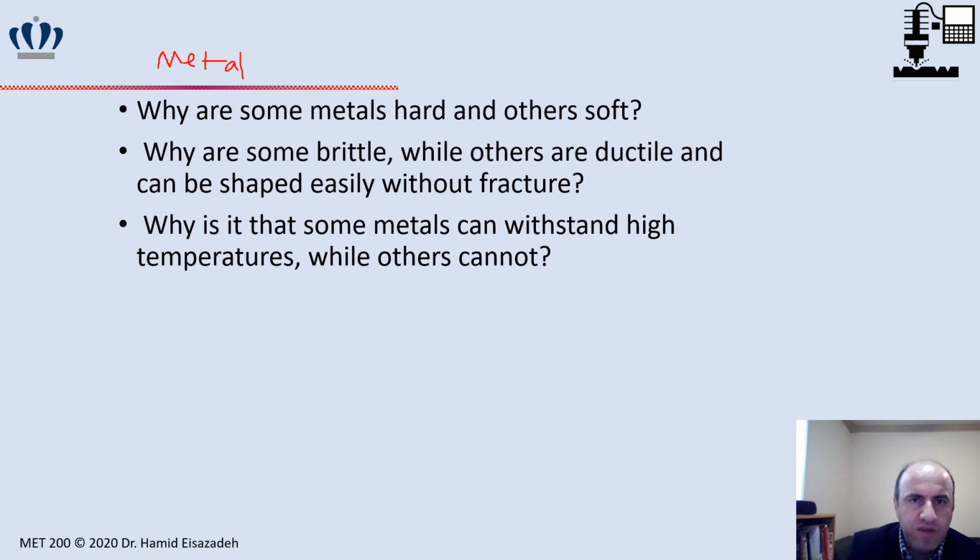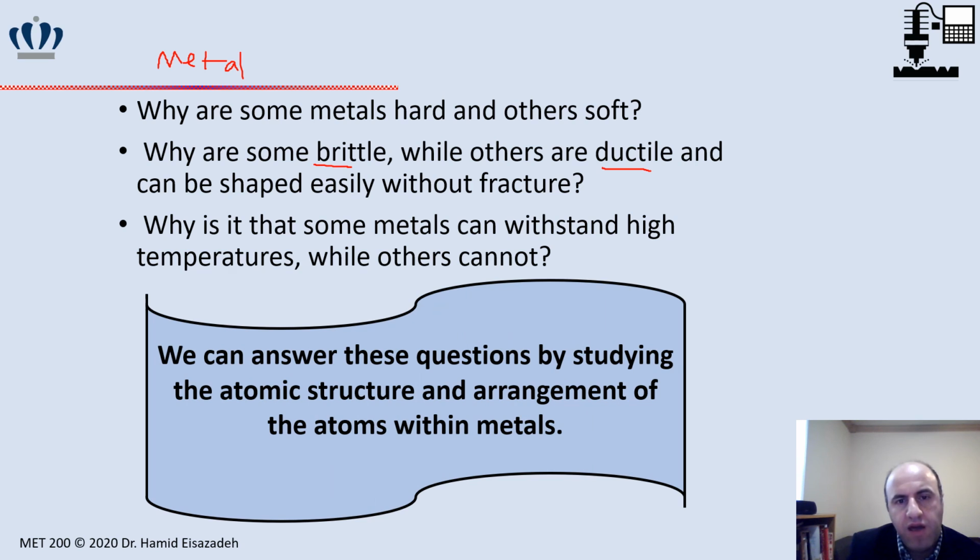For example, why some metals are soft and why some of them are hard, and why some metals are brittle and why some of them are ductile. If we want to answer these questions, how are we going to answer them? We have to study the atomic structure and arrangement of atoms. Once we understand this structure and arrangement, then we can answer these typical questions.